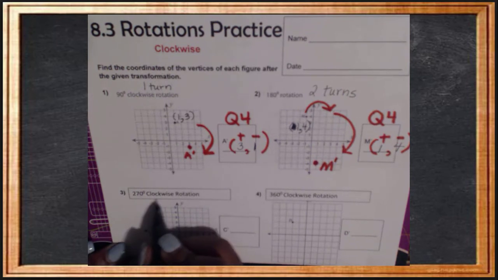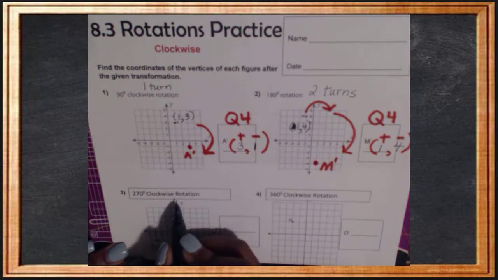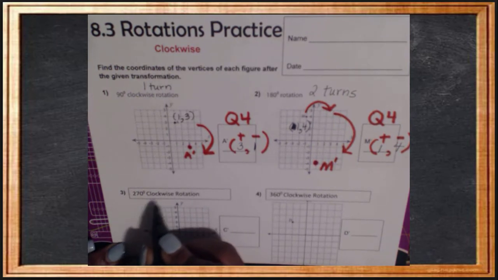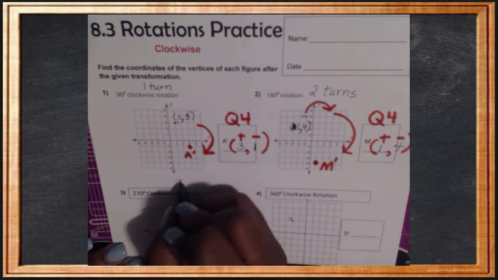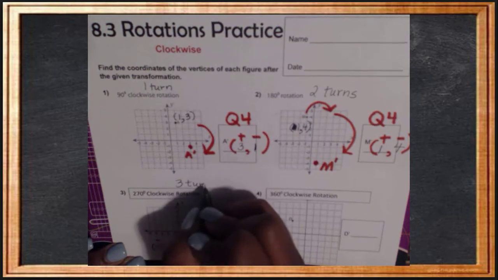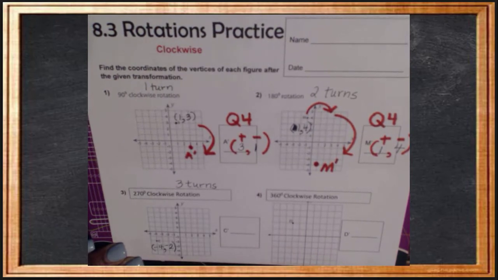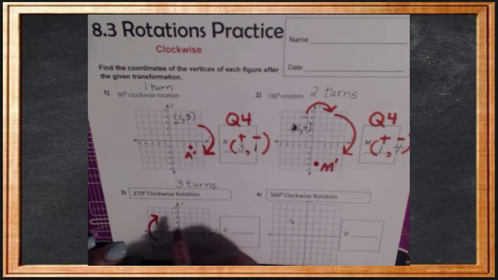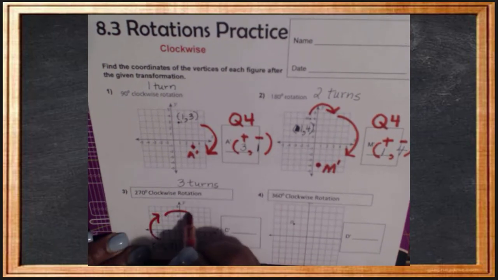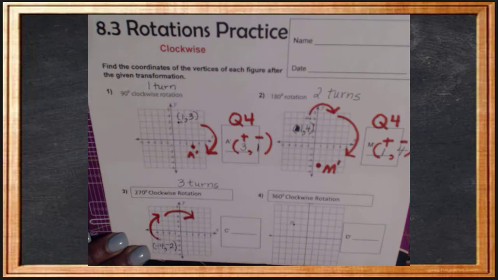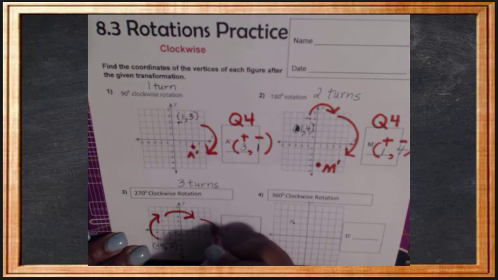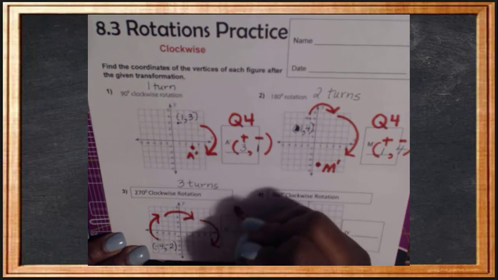So a 270-degree clockwise rotation, we're asked to do that clockwise, and that is 3 quadrant turns. So therefore, we're in this quadrant, so we're going to go 1, 2. We're going through 2 quadrants, and our final answer will be in quadrant 4.